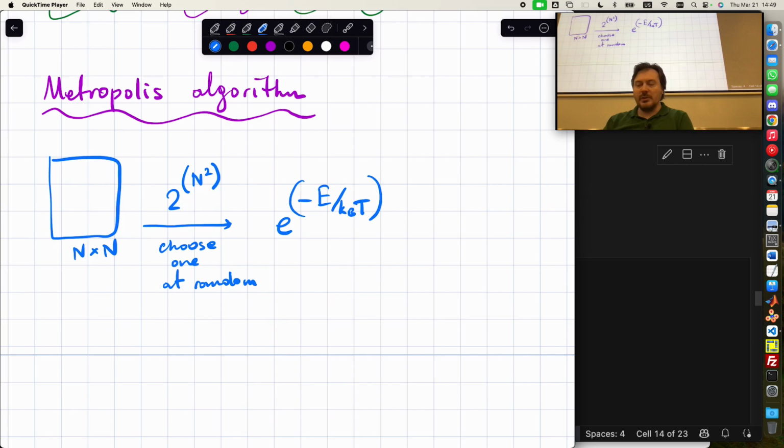Let me tell what would be your solution to this problem. There's a super easy solution that Metropolis came up with. So we are choosing at random. We are multiplying with e to the minus E over kBT. We are going to flip this backwards.